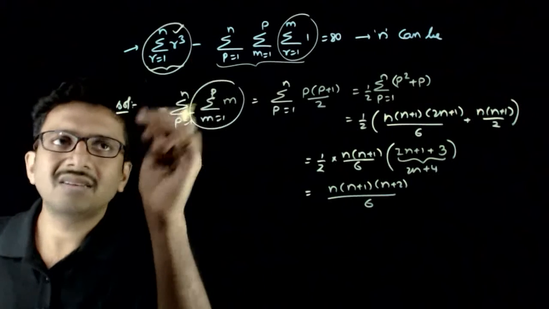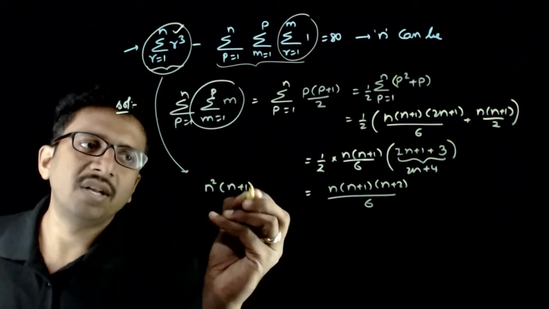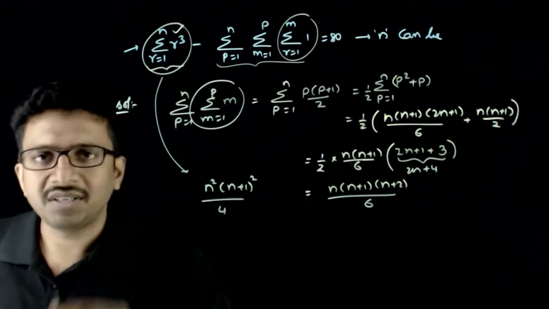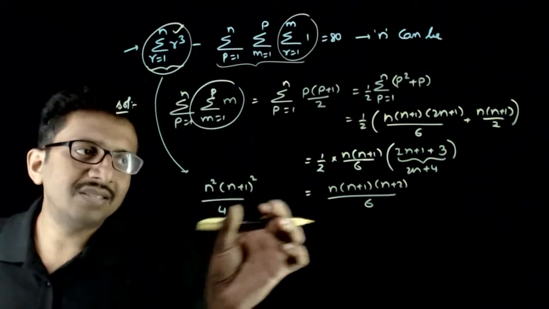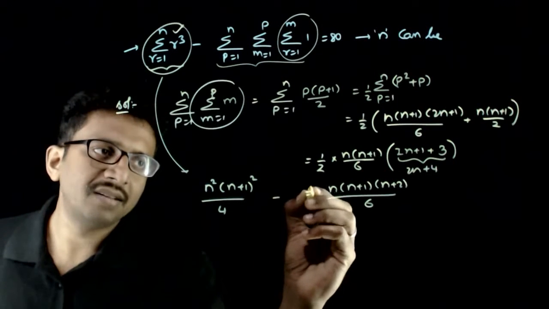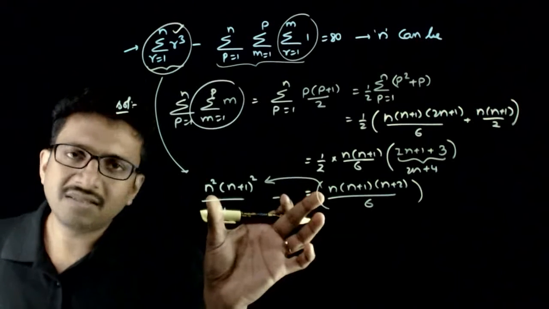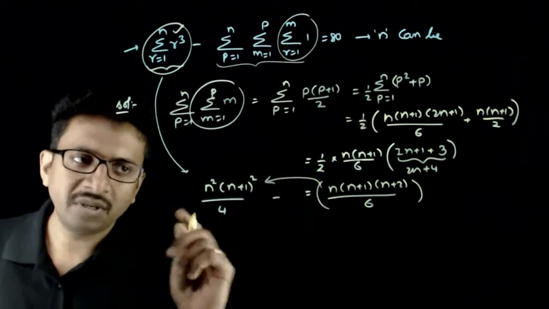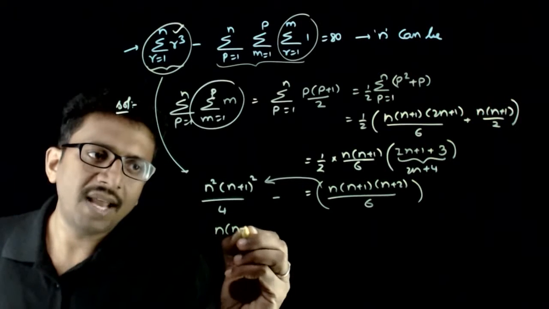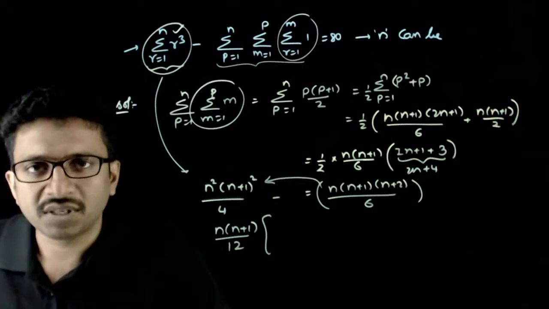And what is this first term? This is nothing but n squared into n plus 1 whole squared by 4. This is a very standard formula. So this difference has to be equal to 80. What happens if you subtract this term from this term? As you can see, n into n plus 1 is a common thing. So take n into n plus 1 by 12 as common.